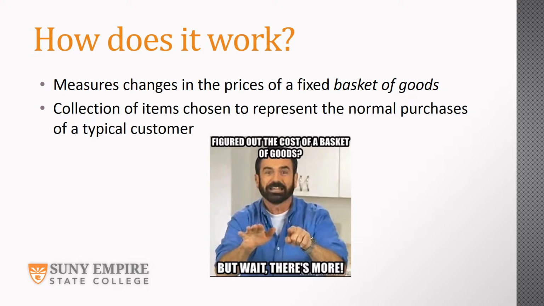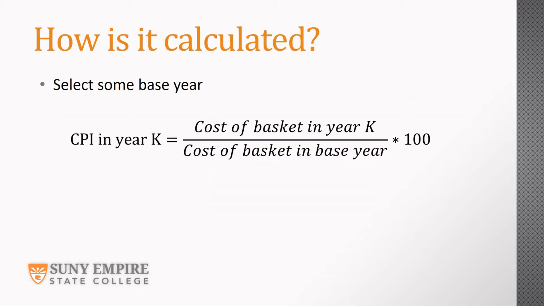The components of the fixed basket of goods include food, clothing, housing, transportation, entertainment, and other expenses. But how exactly is the CPI calculated? Much like calculating the real gross domestic product, we must first select some year as a base year.